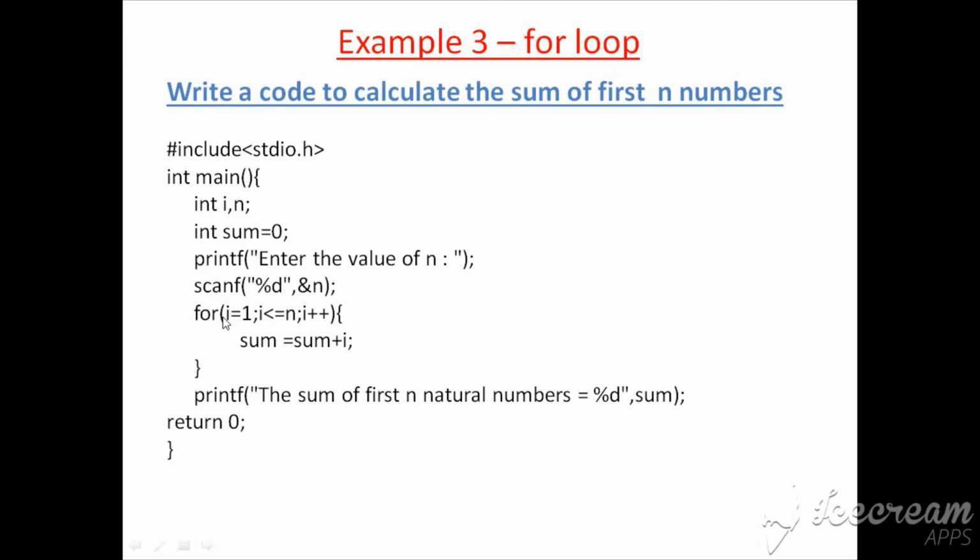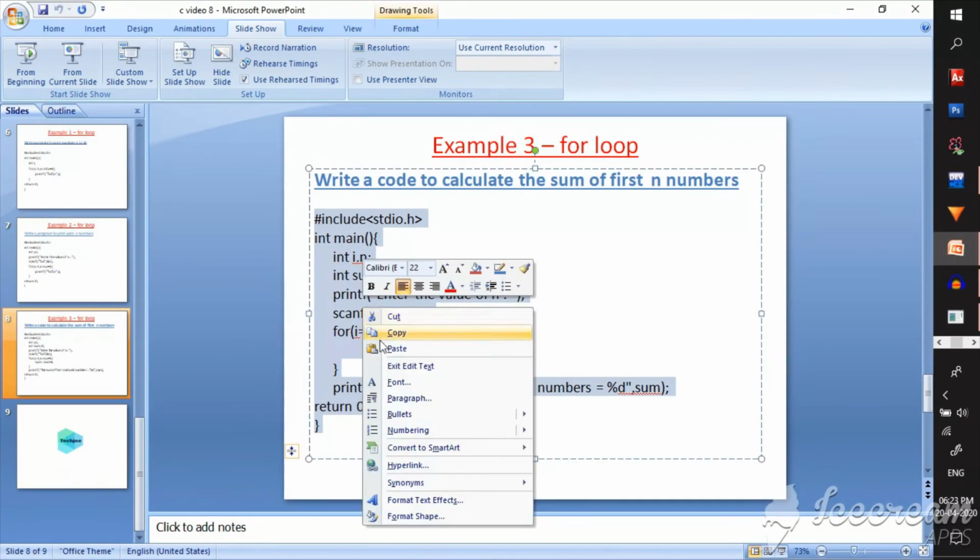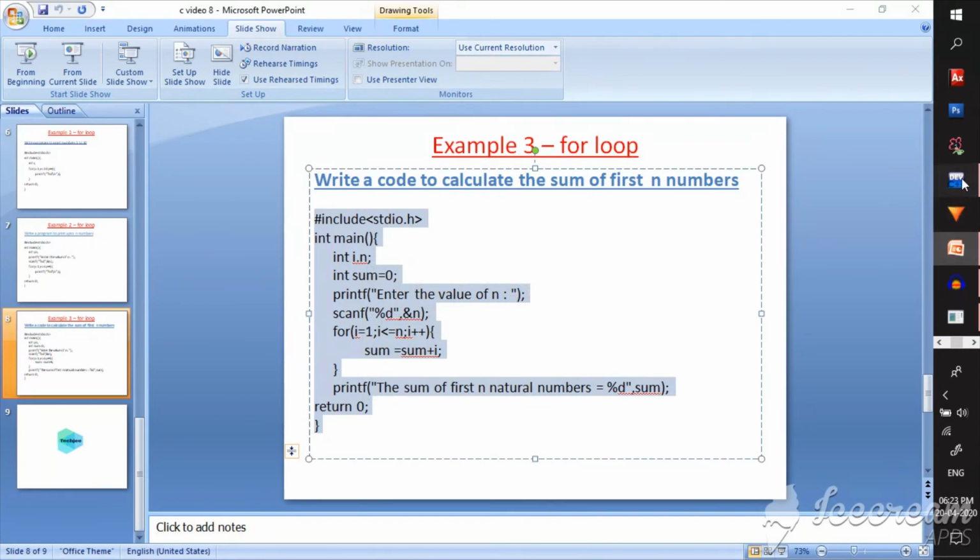So we get the value of sum at last, because when the loop condition is not satisfied, it comes out of the loop, and we get the final addition value and display it here. Now let's practice this code.